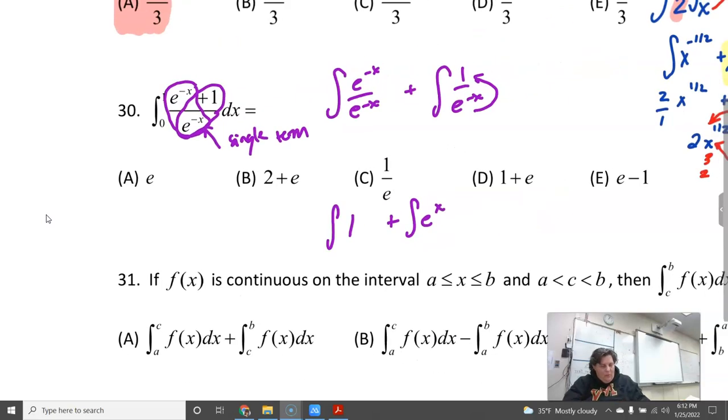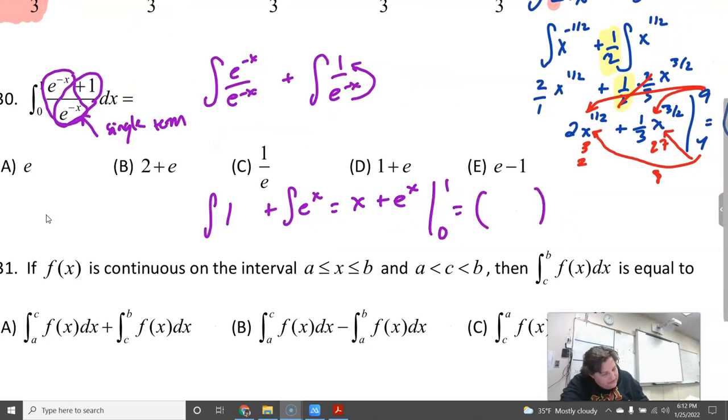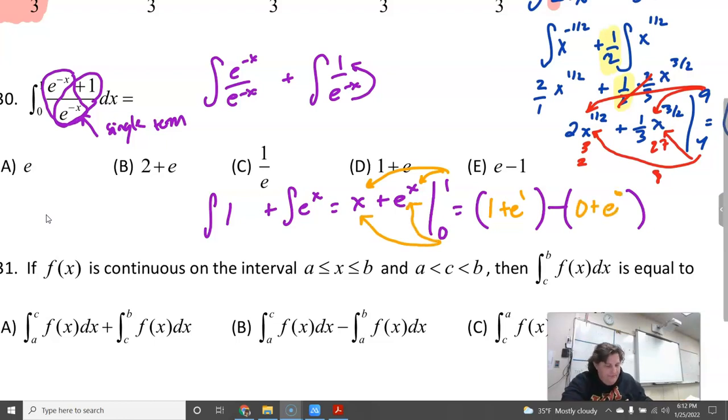So I need to integrate 1. I need to integrate e to the x, which is e to the x. And I'm evaluating 1 to 0. All right, so top minus bottom, here we go. 1 plus e to the 1, minus 0 plus e to the 0.